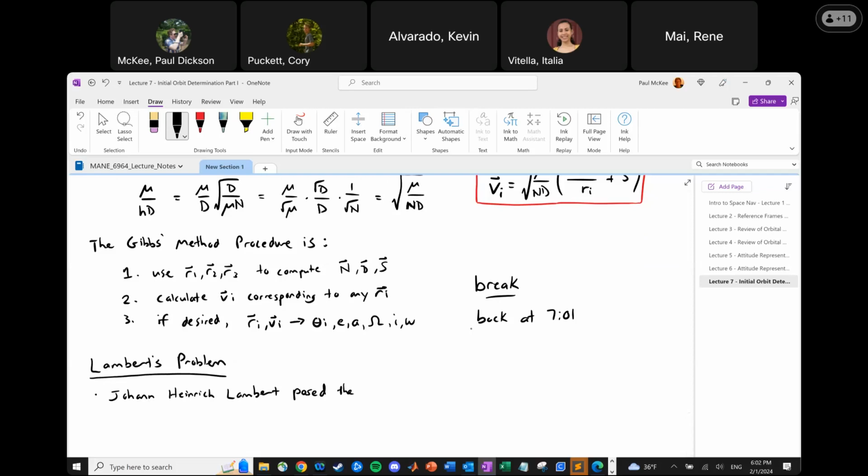Posed the problem of finding an orbit given not 3 position vectors, but 2 position vectors of an orbiting body and the time of flight between them.